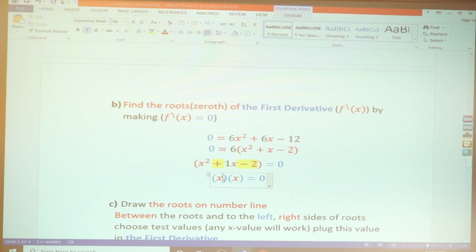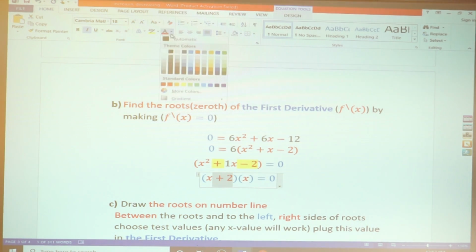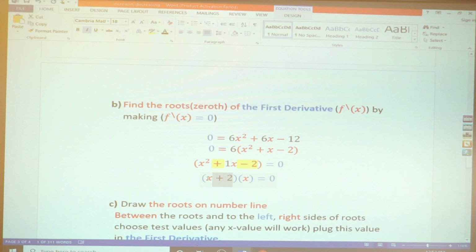What are these 2 numbers? Plus 2 and minus 1. I'm reviewing algebra with you, right?